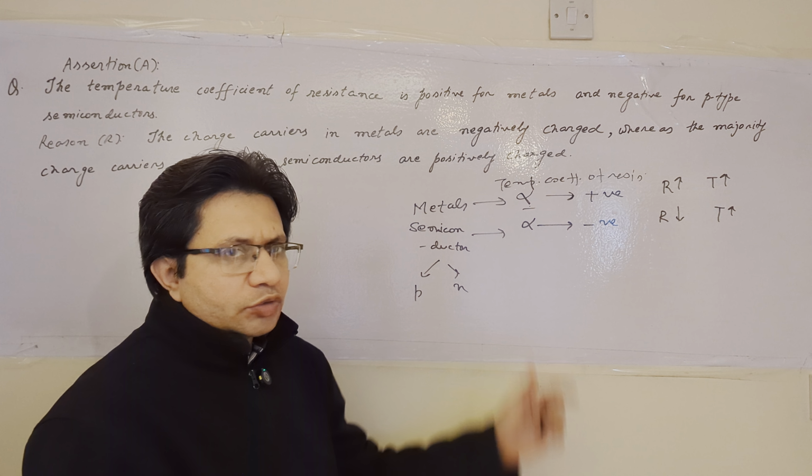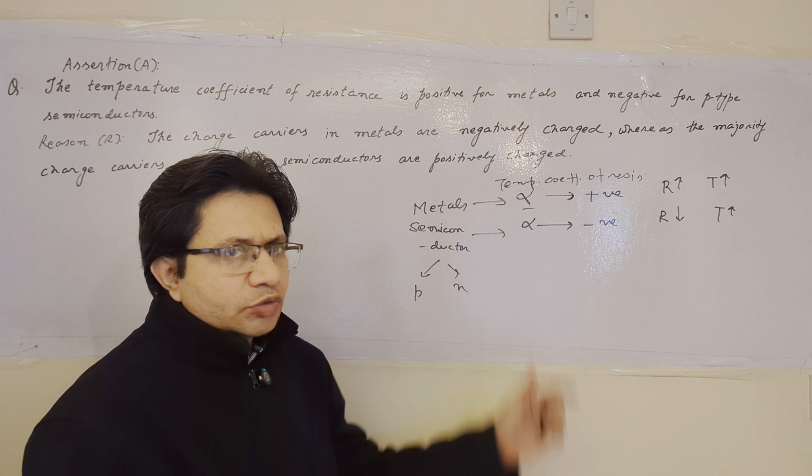Now we can give the physical explanation also of why the temperature coefficient of resistance is positive for metals. Basically metals consist of ions, and the charge carriers are mainly the free electrons, which are in bulk amount. So when the temperature increases, the vibration of the ions increases, and the path of the electrons is obstructed.